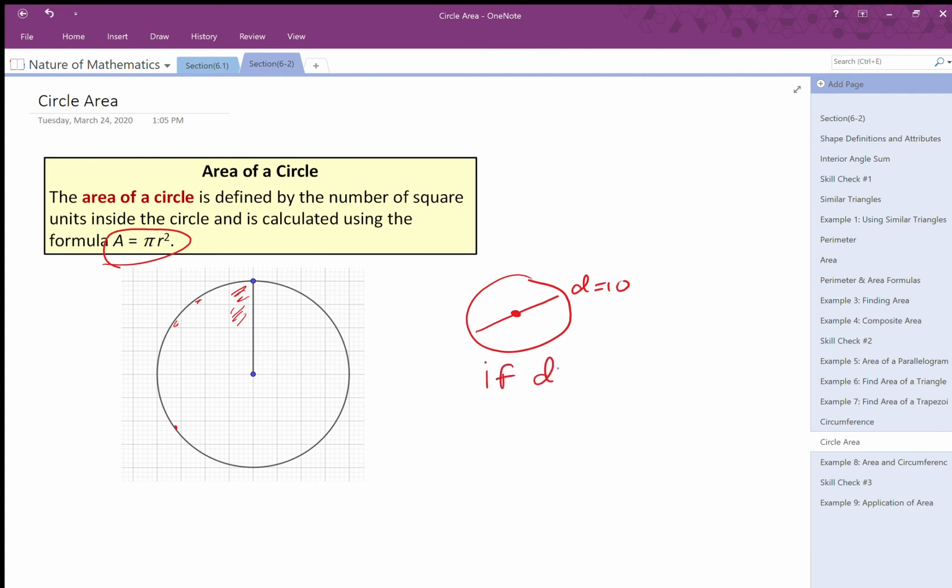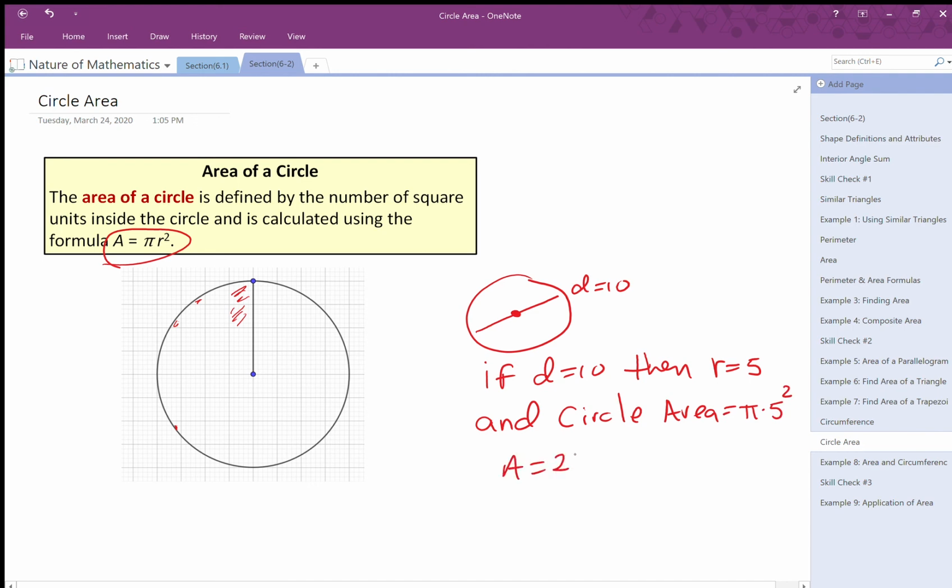If diameter equals 10, then the radius equals 5, and circle area is equal to pi times 5 squared. Area would be 25 pi. Or if we wanted a decimal answer for that, it would be about 78.54.